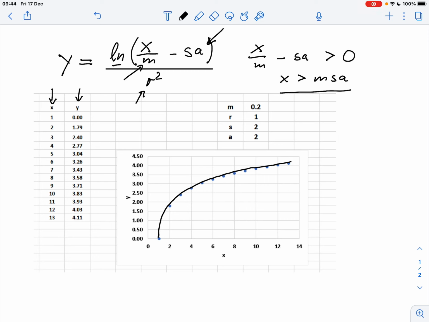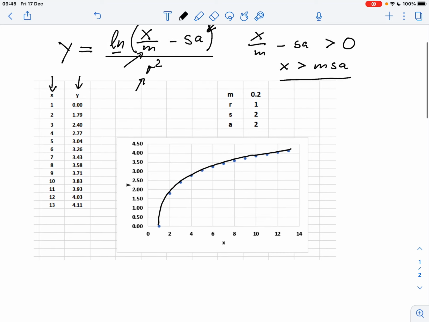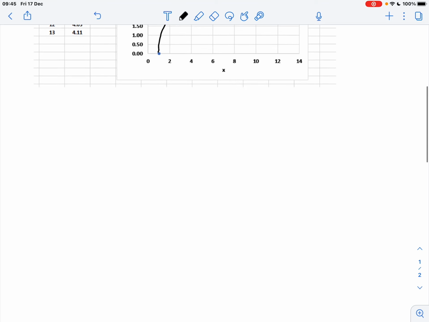But now the question is, what does this equation actually stand for? Let's try to rearrange this equation a little bit, and I'll write it again down here. y equals ln of (x over m minus sa) divided by r squared.